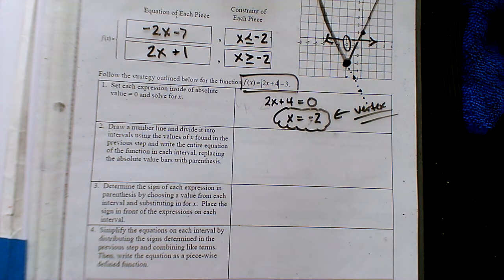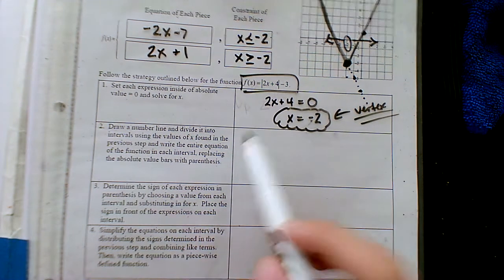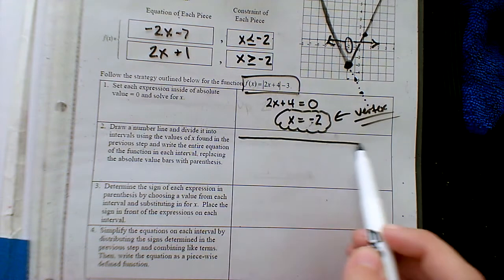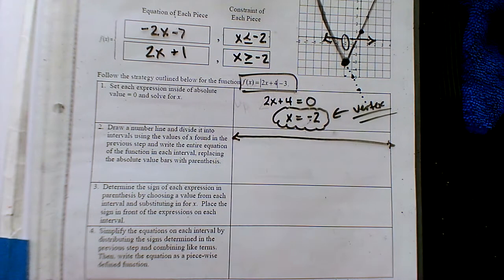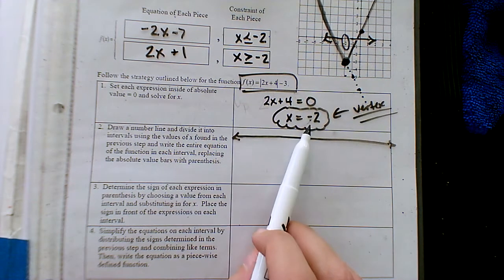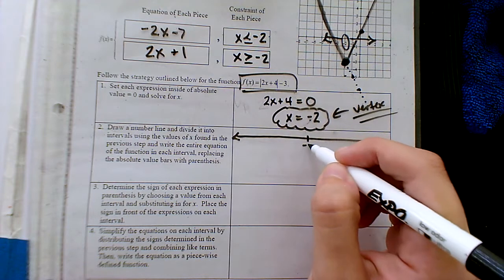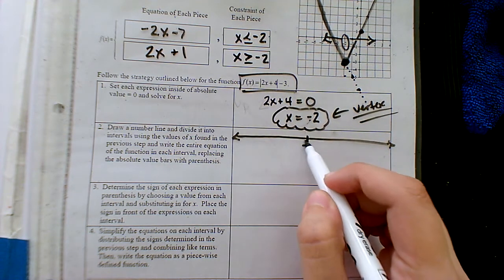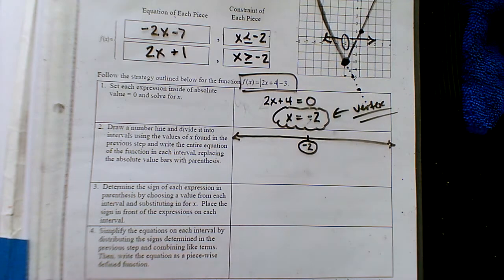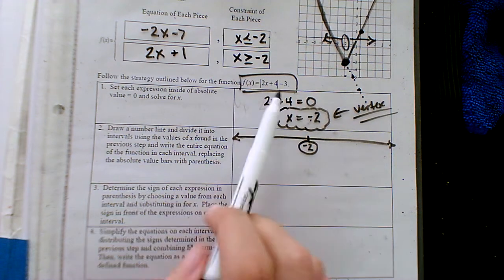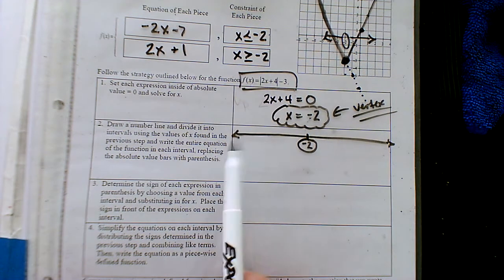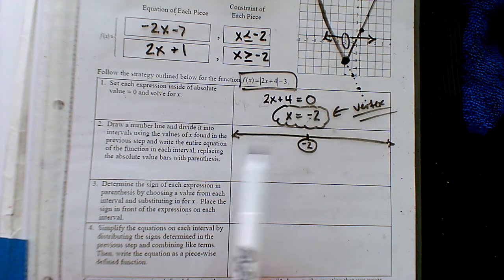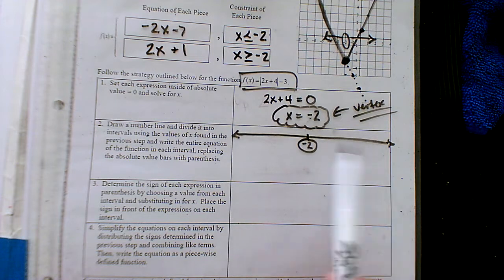So what we're going to do with this value is create a number line, way back when, from elementary or middle school. And this vertex location, we're simply going to label it on the number line. We're going to test to see what this equation is doing on the left-hand side of that vertex, but also on the right-hand side.